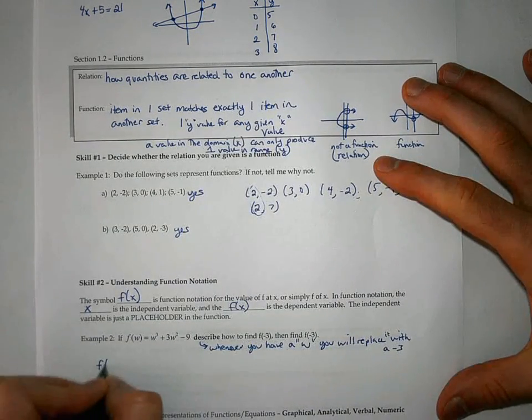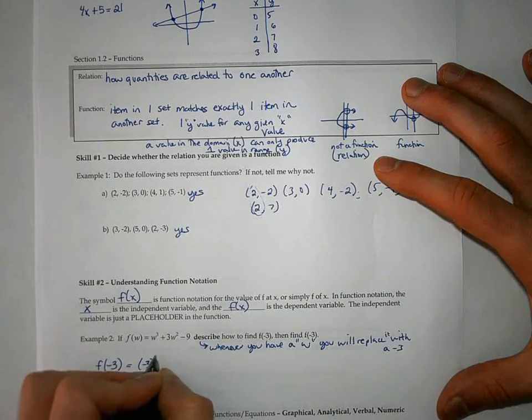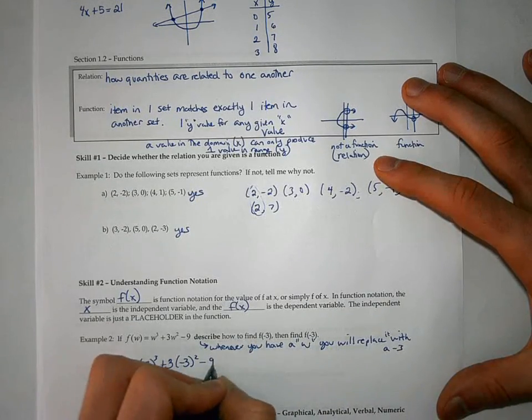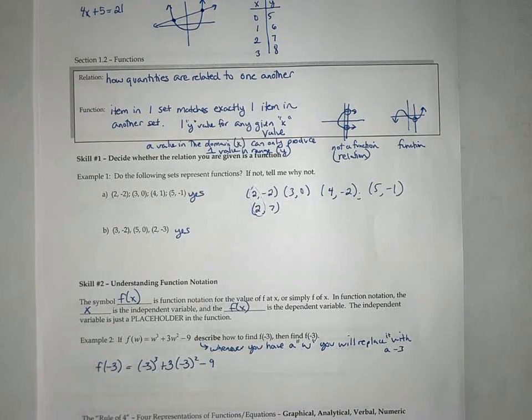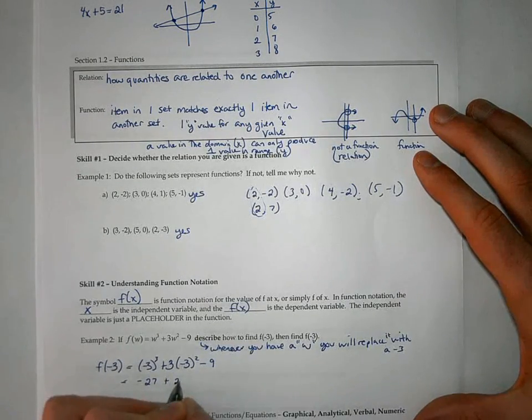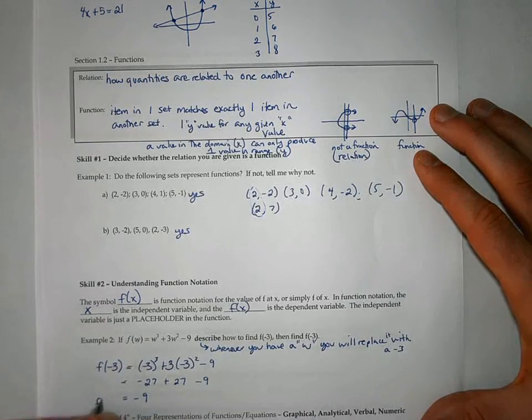So here, f of w is going to become f of negative 3 is equal to negative 3 cubed plus 3 times negative 3 squared minus 9. And we'll simplify that down. Negative 27 plus 27 minus 9 is equal to negative 9.